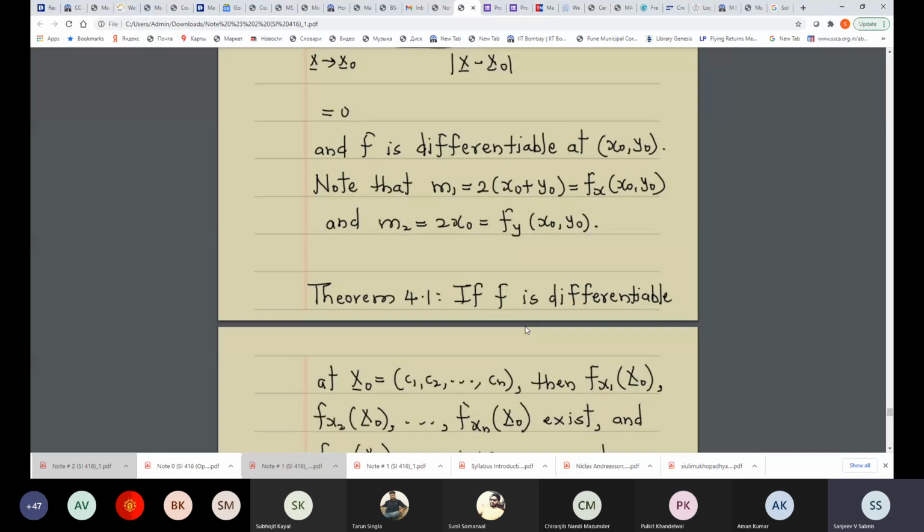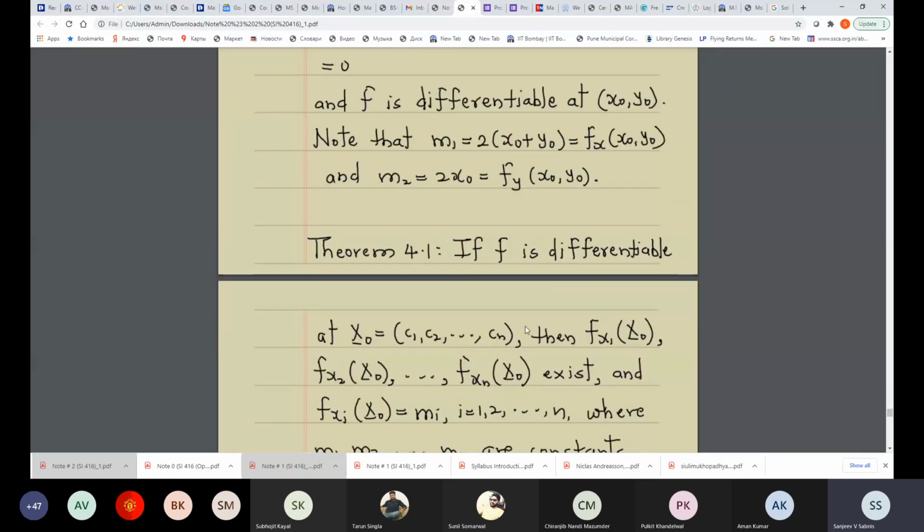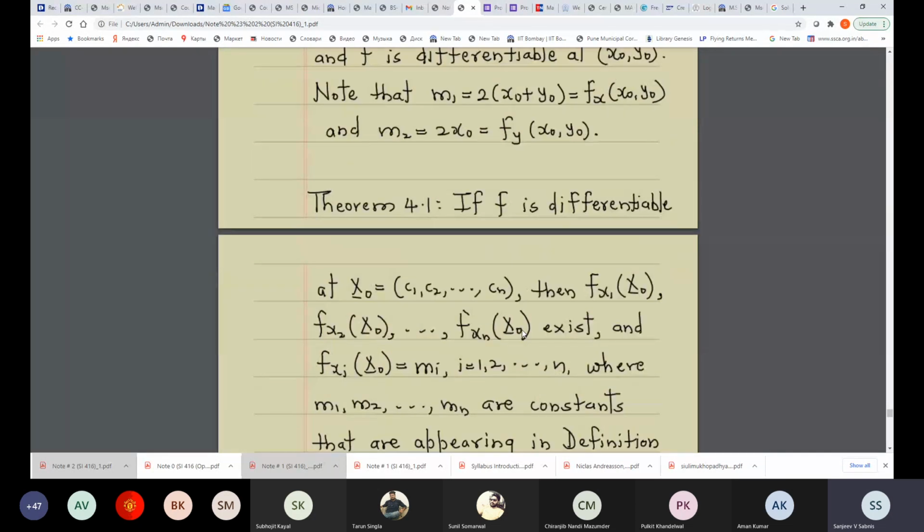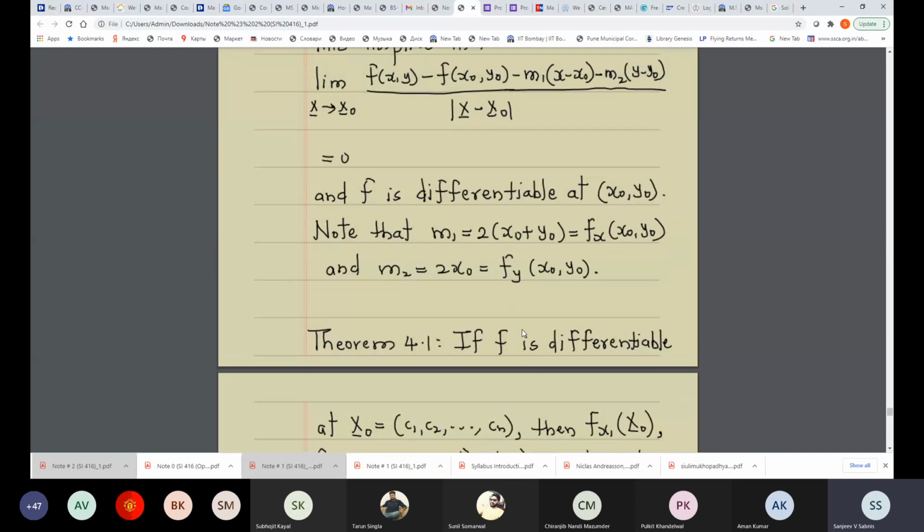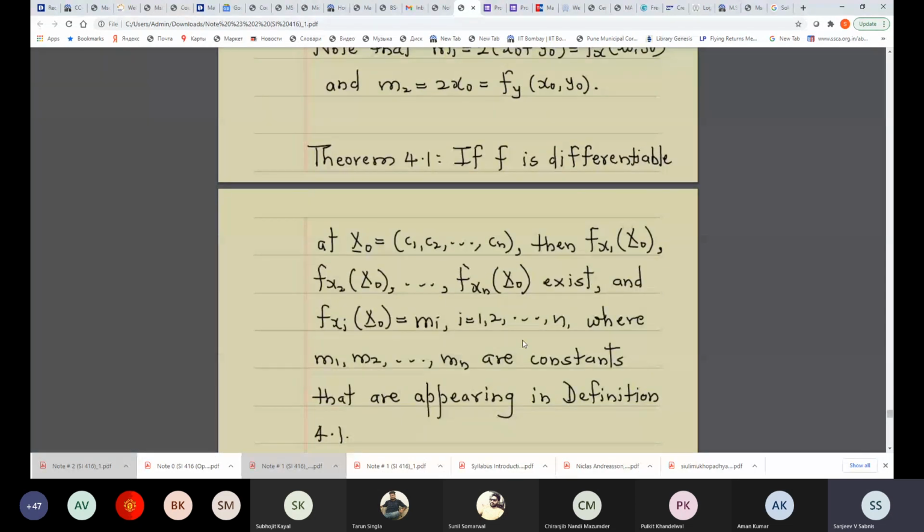Theorem 4.1. This is again important. We have the definition of a function f from Rn to R being differentiable.